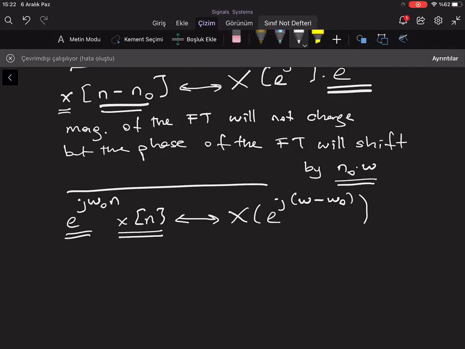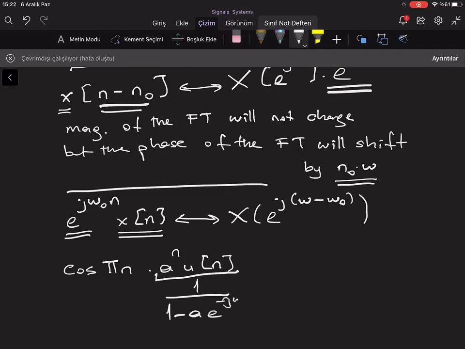Okay, for example, if I would like to multiply my x[n] by cos(πn), with x[n] = a^n u[n], I would first take the Fourier transform of this one, which is 1 over 1 minus a e^(-jω).